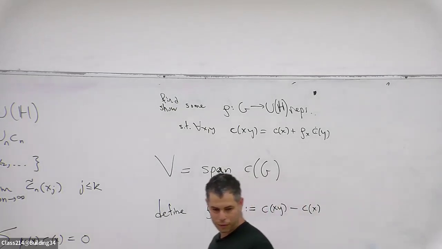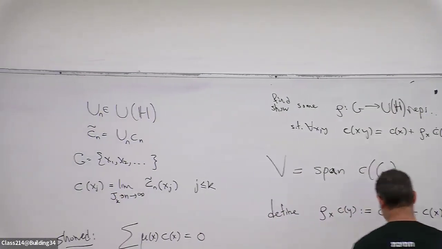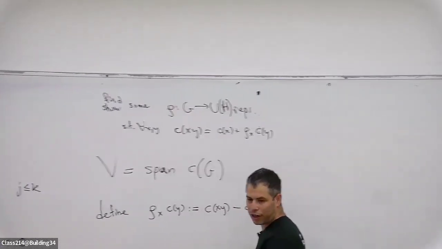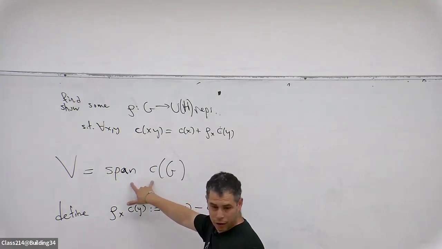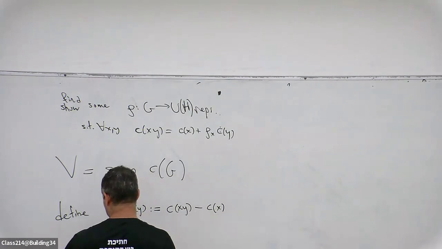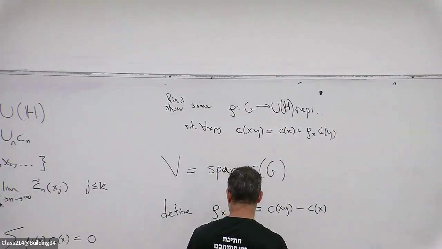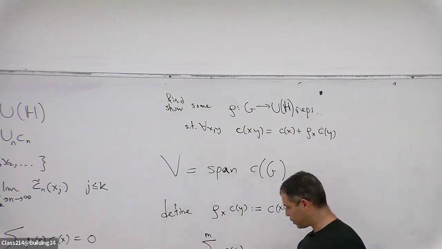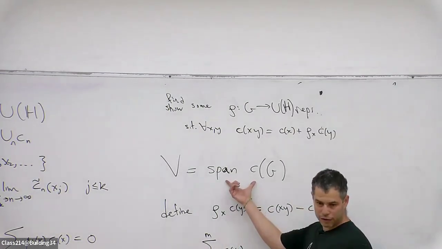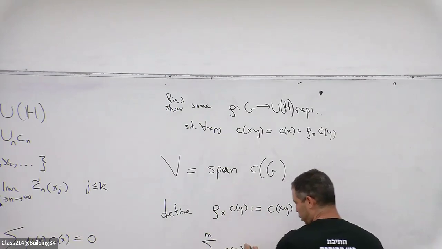And now we want to extend it linearly, for any linear combination of these Cy's, so any vector in this span. If I have a sum j equals 1 to m of alpha j C of xj, and I want to act on it with rho x, this tells me how you extend it linearly.